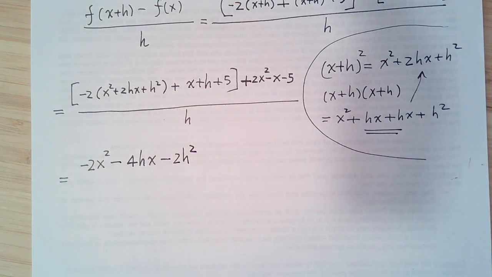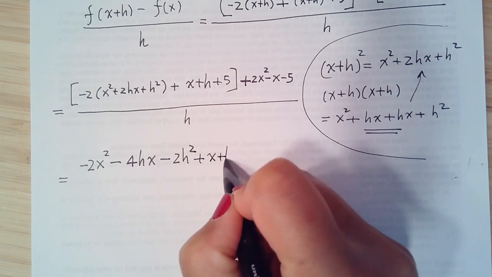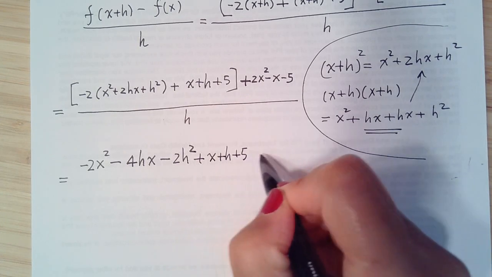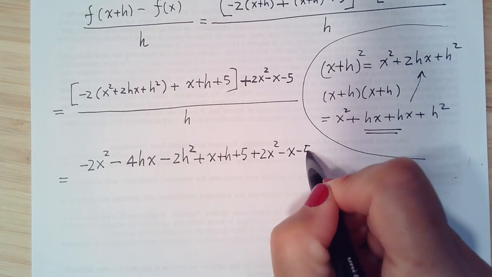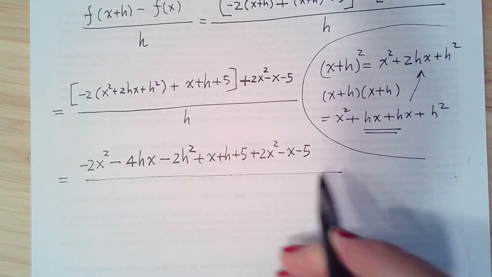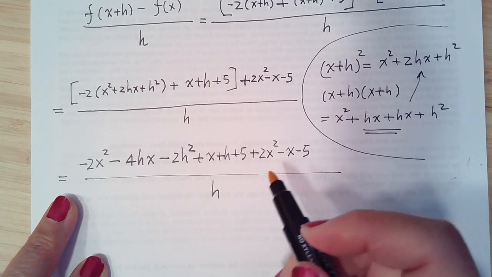So be very, very careful. Then plus x plus h plus 5 plus 2x squared minus x minus 5. There are so many terms, and it's so easy to make a mistake. So I'm going to use a different color of marker to show what I do next.